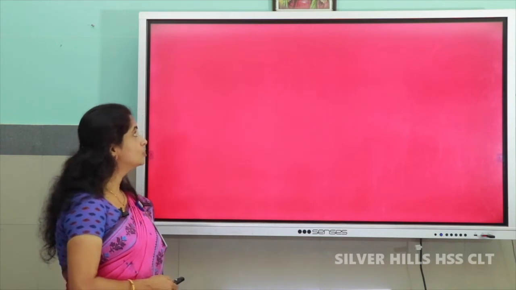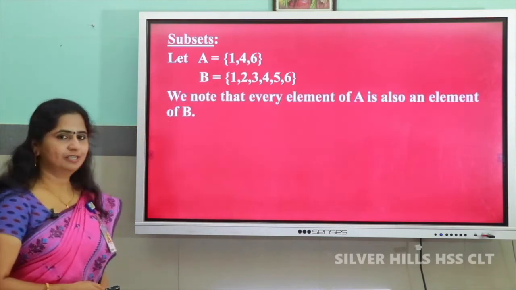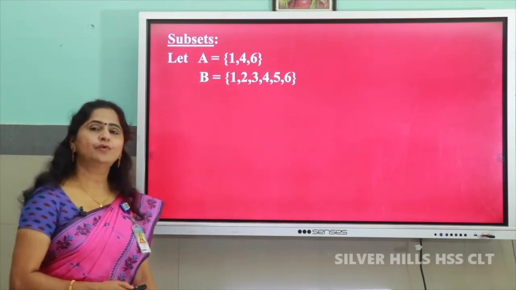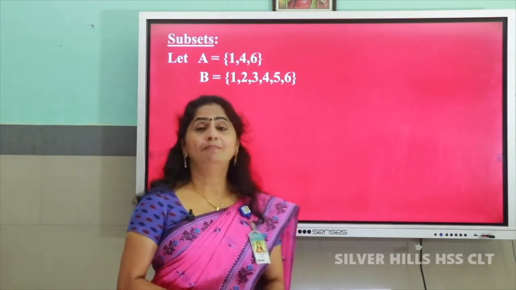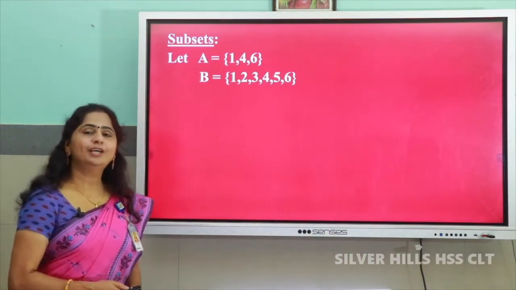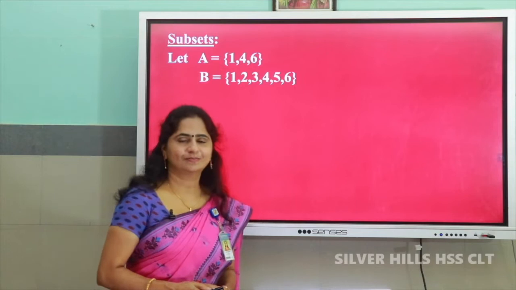Next let's move on to the subsets. Let A is equal to 1, 4, 6 and B is equal to the set 1, 2, 3, 4, 5, 6.